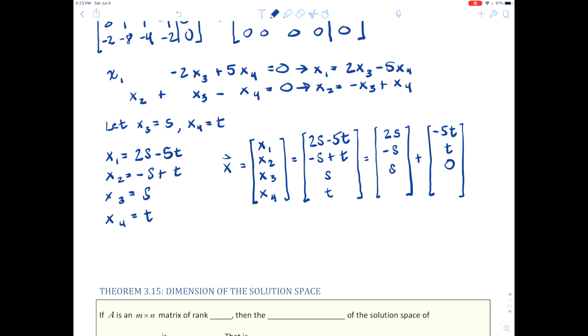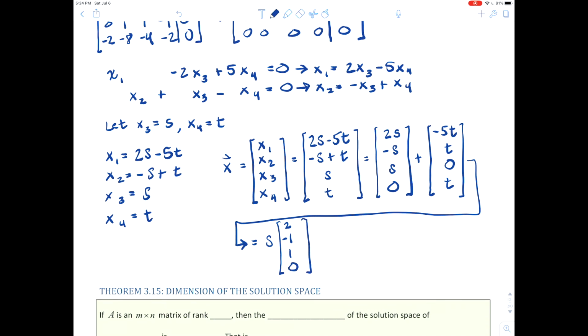An s and a 0, and then a 0 and a t. Cool so far? So putting it all together, if we were to factor out an s from the first one, we would have 2, negative 1, 1, 0. And then if we factor out a t in the second one, we'd have negative 5, 1, 0, 1. Groovy?